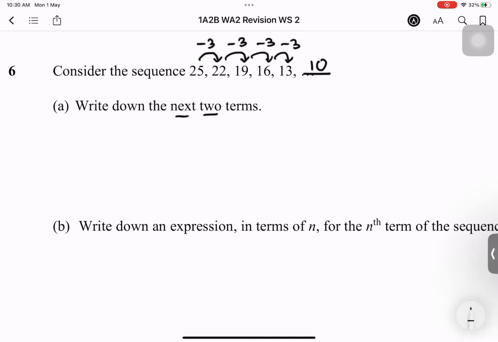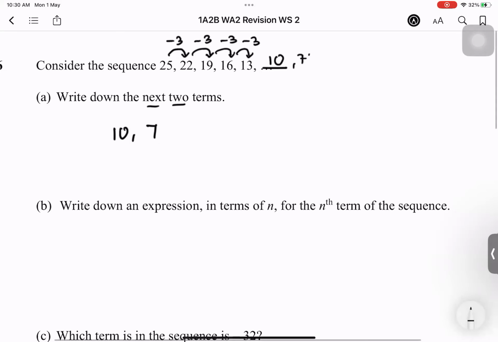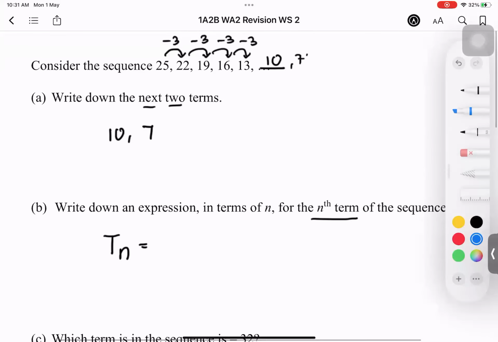Then 7, very good. So 10 and 7. Next part, the question says, write down an expression in terms of n for the nth term of the sequence. Now we already know this pattern is -3, -3, -3.